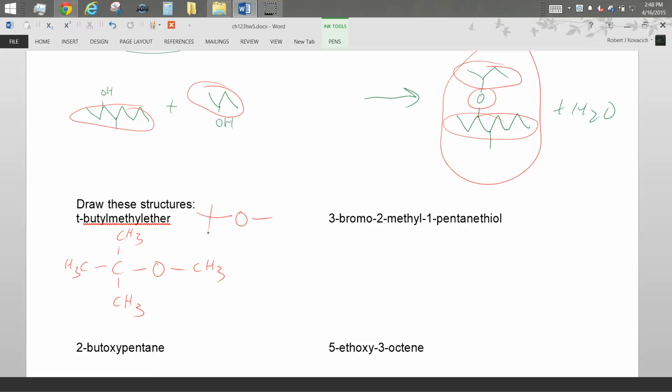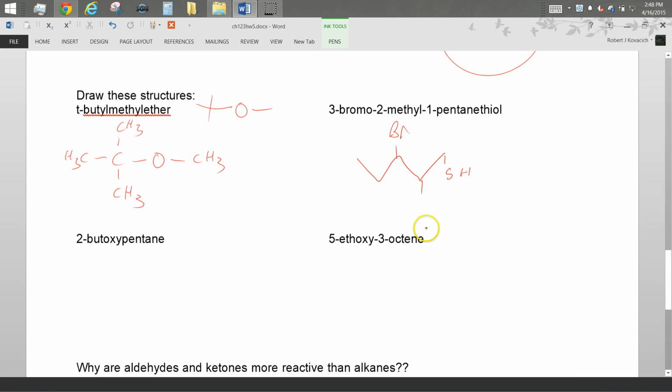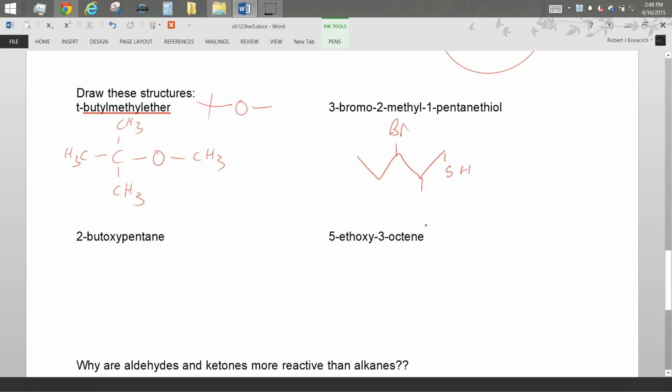Are we okay with those drawings? So pentane 2, 3, 4, 5. That's it. 2-butoxypentane.